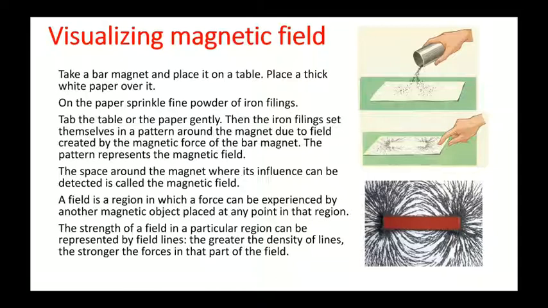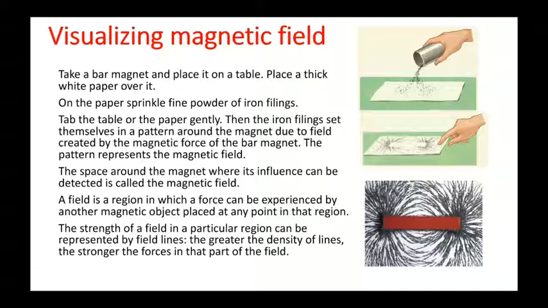Any friend who comes to our house, we restrict them: you have to sit here, don't touch that pen or mobile phone. Means we are influencing them. Similarly, here the second particle is influenced by the bar magnet. Clear? Any other particle present in this field is influenced by the bar magnet.